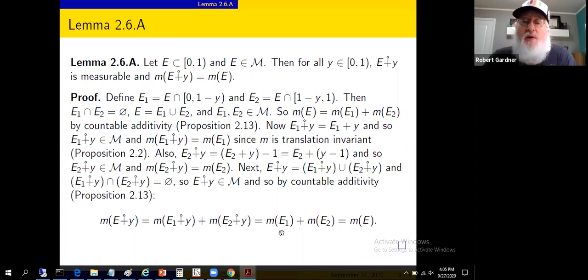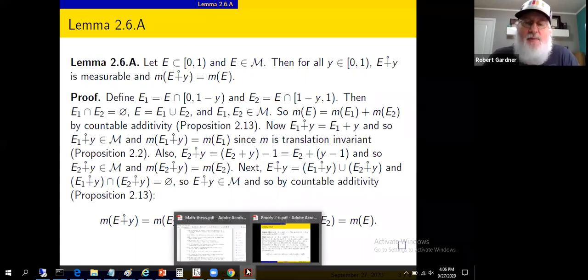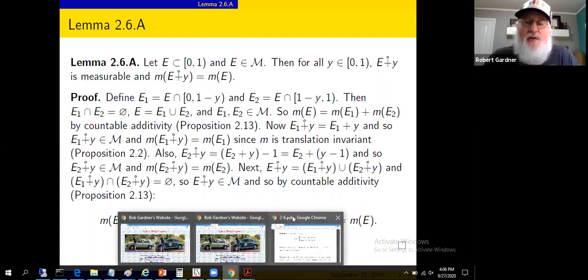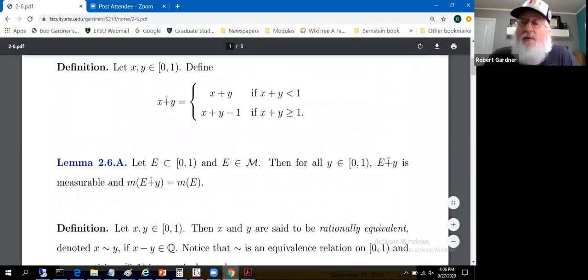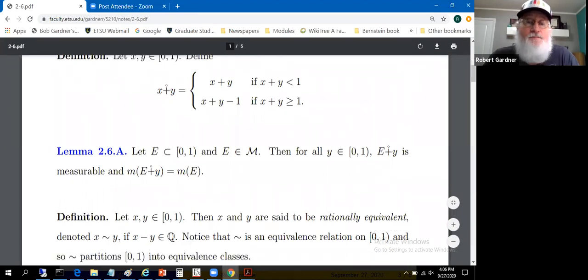And we observed upstairs that the measure of E1 plus the measure of E2 equals the measure of E. So the measure of E circle plus y equals the measure of E. So indeed, measure is circle plus translate invariant. Of course, it's the way we set things up. It's very localized, right? We're taking subsets of the interval 0, 1, and the parameter y had to be from the interval 0, 1. But we've established circle plus translation invariance of measure as well.